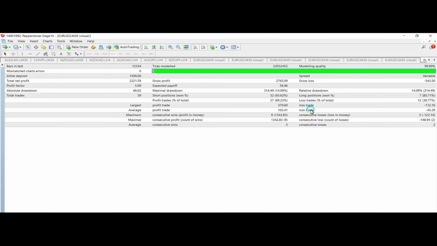So that means that if you have 10 trades and 9 are winners, that means that you have a 90% win rate. But that one trade that is $300, that will blow your account.